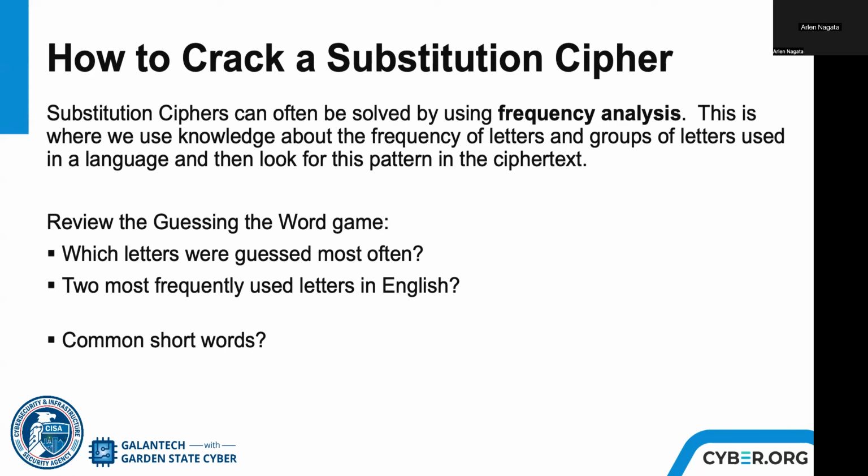And you can generally guess that, oh, C must actually be an E because it's the most used letter, et cetera, right? And that's a way that you can crack that cipher.